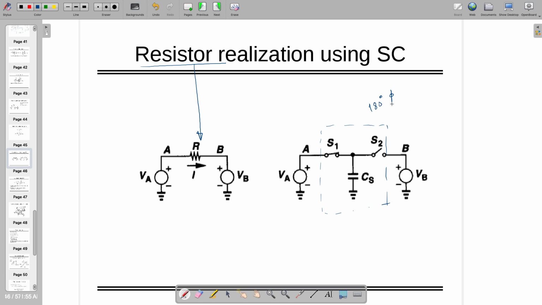One is phi and one is phi bar. Then you are going to see the resistance which is equivalent to 1 by fC, or maybe T by C. T and f are the time period and the frequency of the particular clock, right? So that is what you can implement.